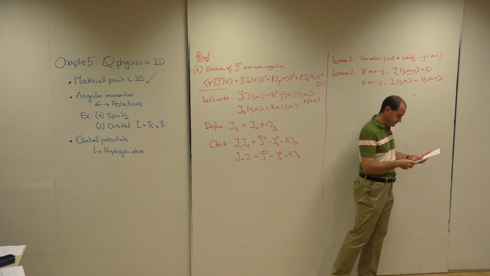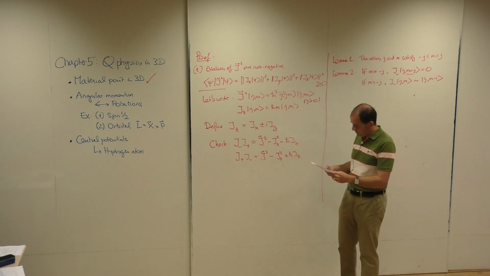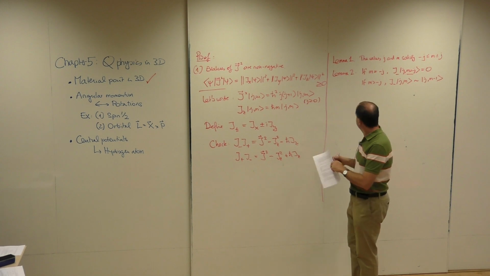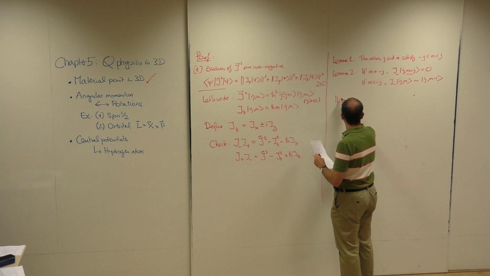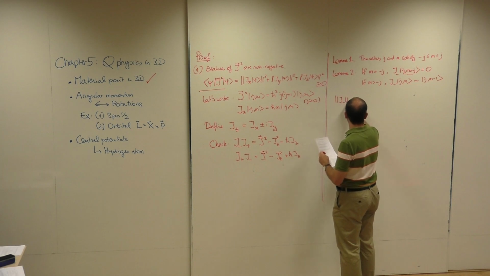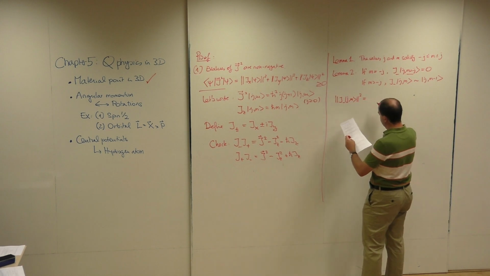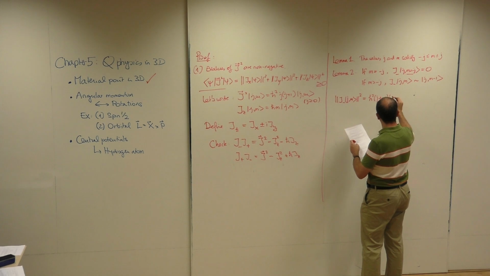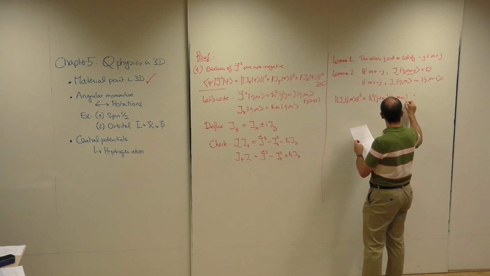Okay, proof. Well, if you look at, oh, I erased it. So I had a condition that I just erased, sorry for that. So we had this was equal to h bar square, j plus m, j minus m plus 1.